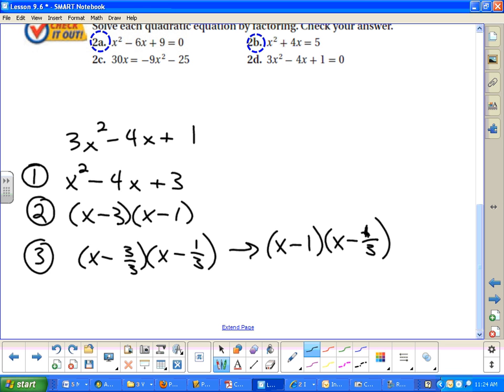I have factors that have a 1 in front of them. So the zeros are 1 or 1/3. So the slide and divide method actually puts you in this position to where your zeros are just the opposites. So it actually helps you with finding the answers when you're solving quadratic equations.